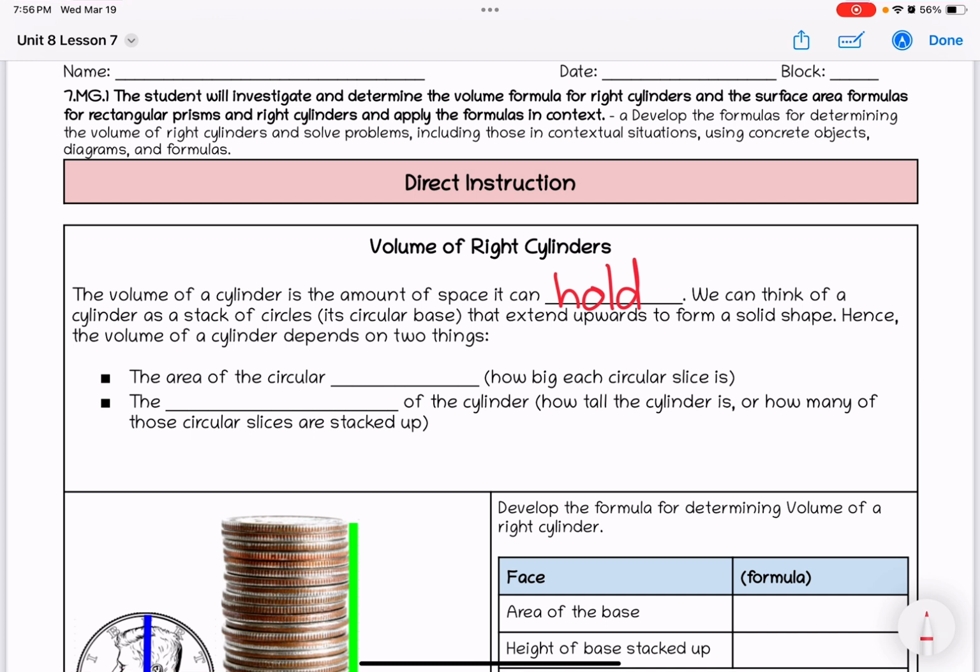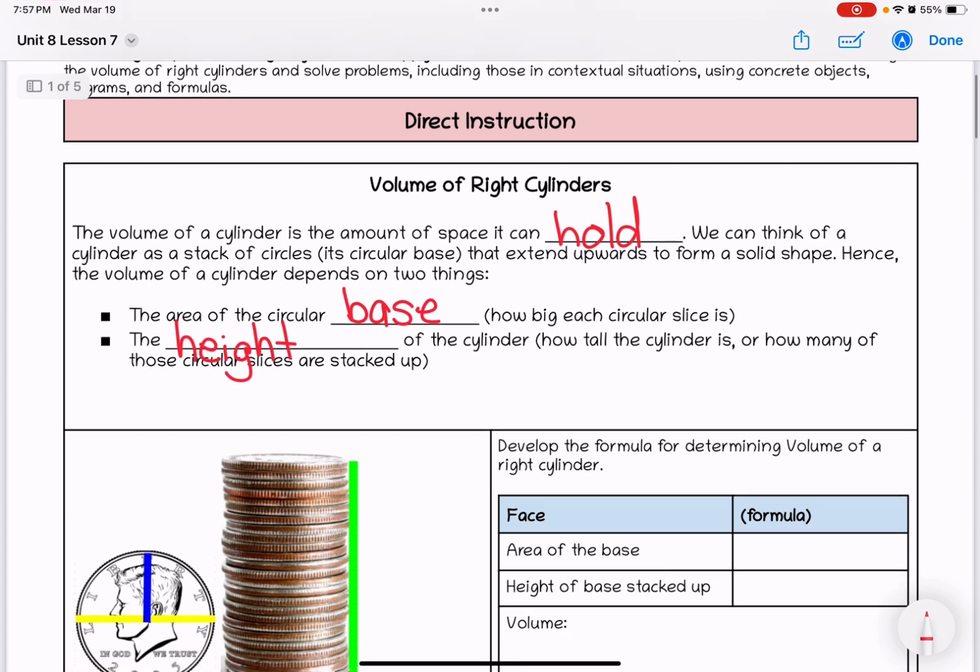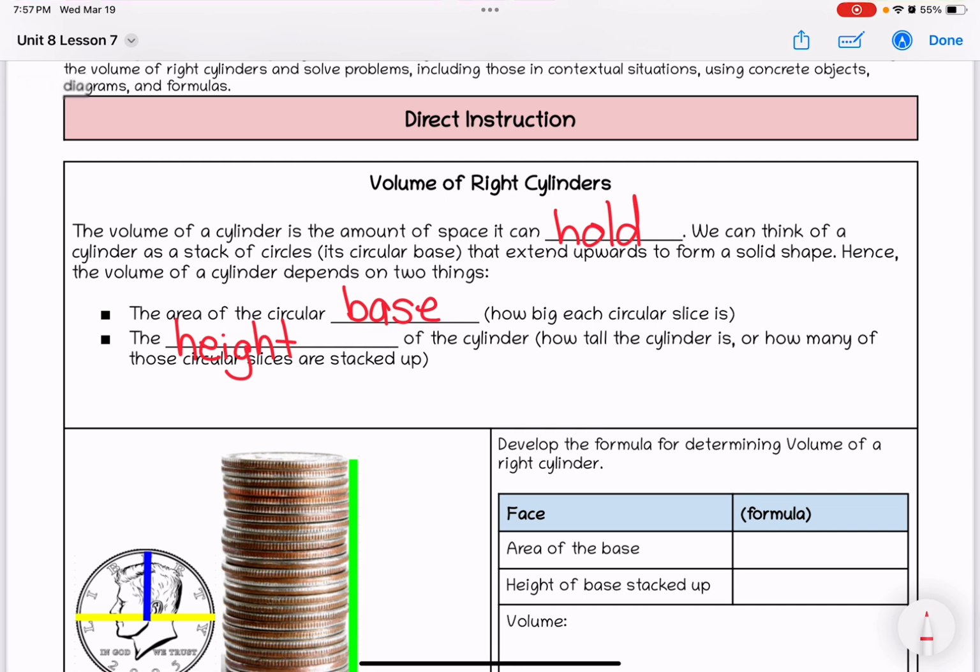Hence, the volume of the cylinder depends on two things: the area of the circular base, which is how big each circular slice is, and the height, or how tall the cylinder is, or how many circles are stacked up.